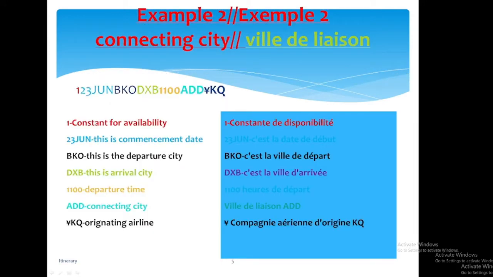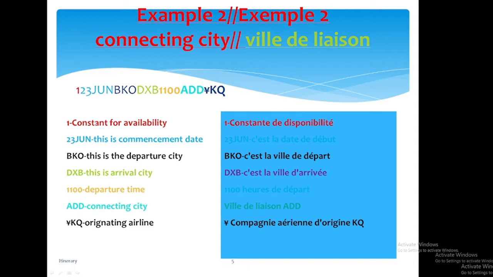The date follows, then the city pair, Bamako, Dubai, then we have the departure time. If you want to use the connecting city, you must add the time. You can just put any time. If you know the flight departs in the morning, just put any time in the morning. If it departs at night, put any time in the evening.